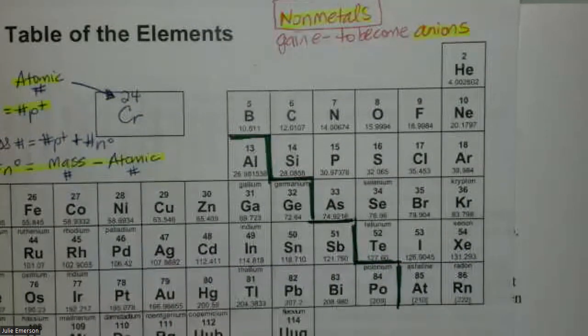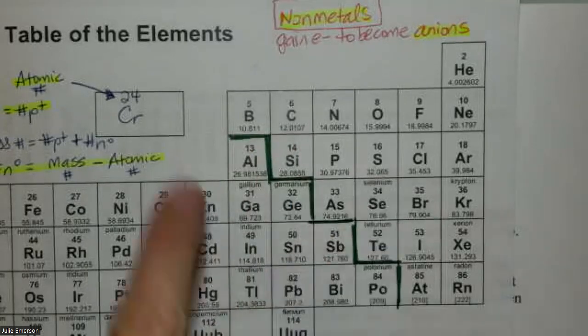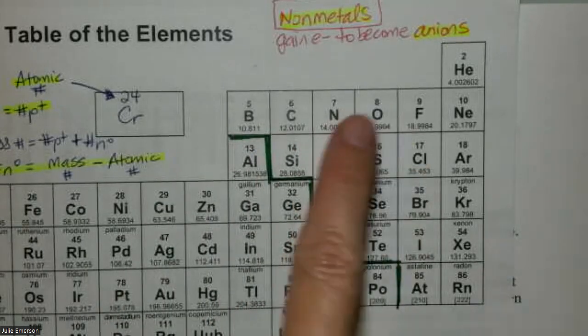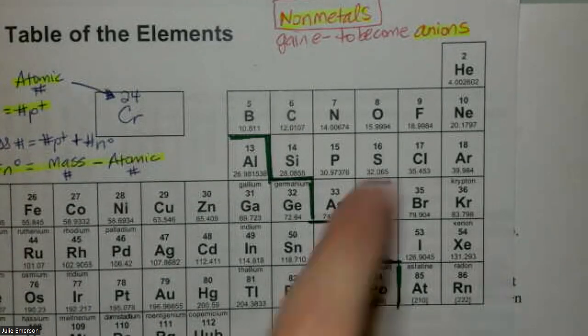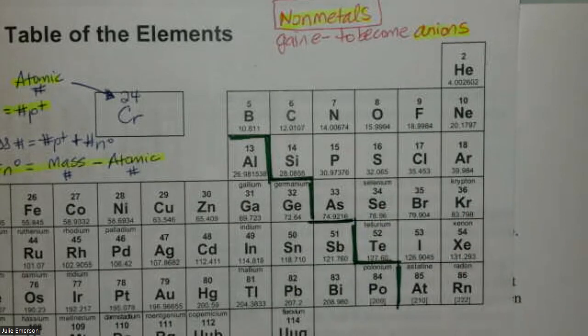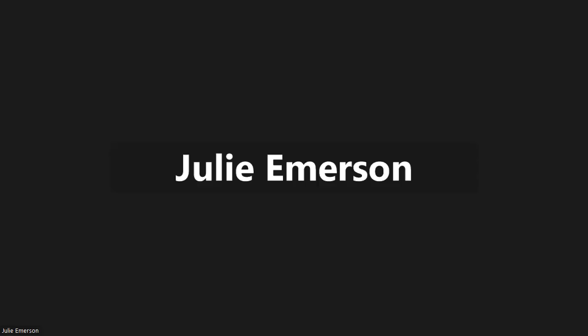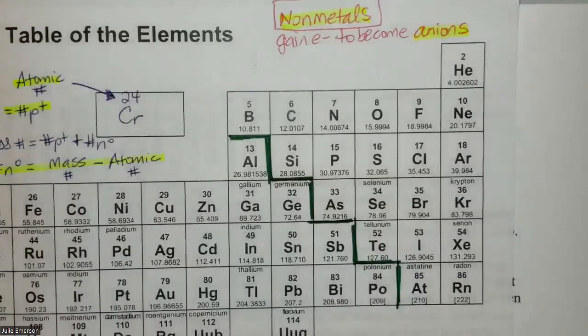So these elements, for the most part, want to end up looking like that same noble gas electron structure. Now, the nucleus is still different because, of course, it's a different atom, but the electron structure is going to end up looking like one of these noble gases. And so that's going to make some of these elements, the charge that they form as an ion, easy to predict.